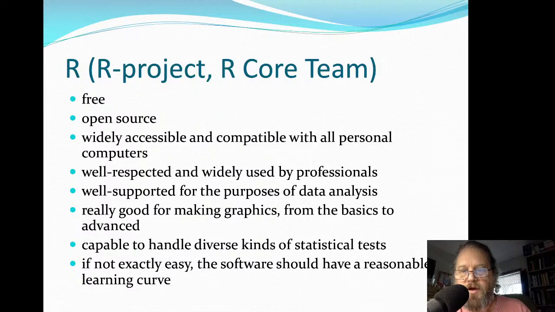You have to buy those if you subscribe to SPSS. SPSS gives you a base package, and if you want additional capabilities, you have to purchase them. R routinely provides cutting edge new statistical procedures.